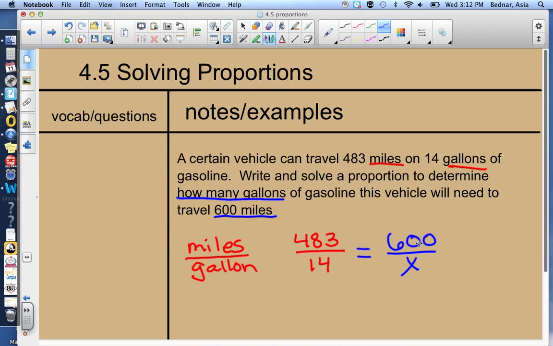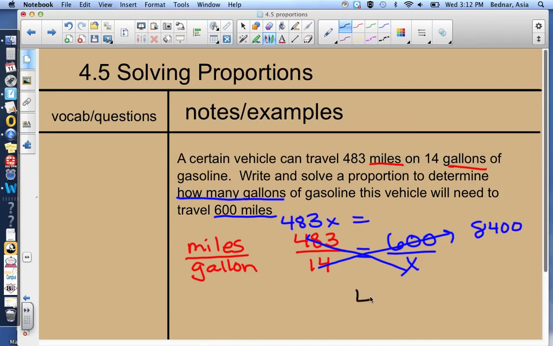Again, it's possible that this could be reduced, but at this point, we might have to break out a calculator and just type it in and solve. 14 times 600 is 8,400, and 483x. And they equal each other.